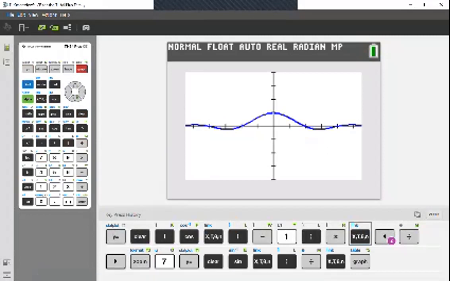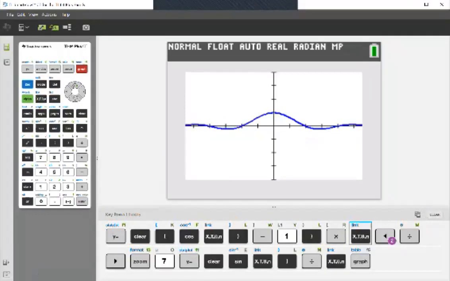So in this case, sine of h over h as h approaches 0 approaches a value of 1.